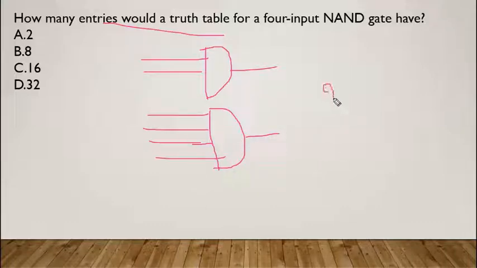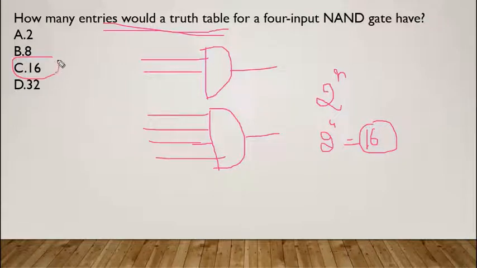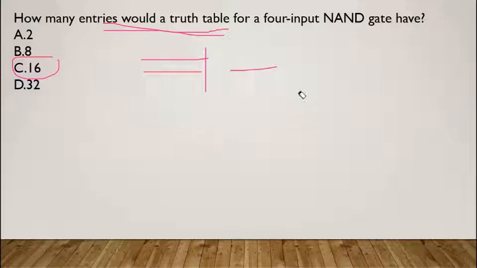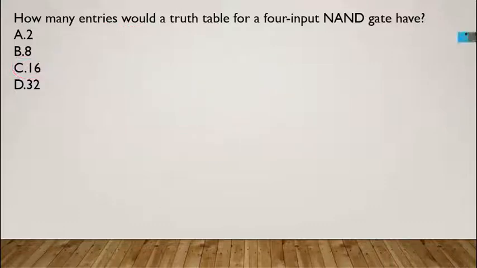So the formula is 2 power n. Remember this: the number of entries in a truth table would be 2 power n. They are asking for 4, so 2 power 4 is 16. If you know this formula, you can solve this in a pinch of seconds by looking at the question itself. There is no need to write anything.